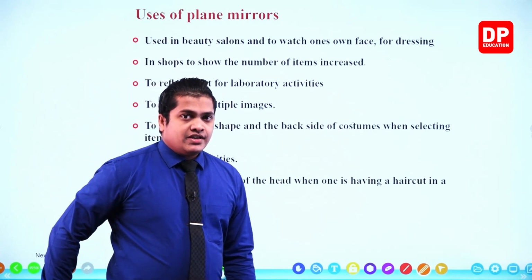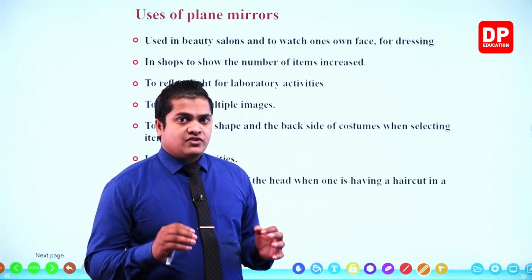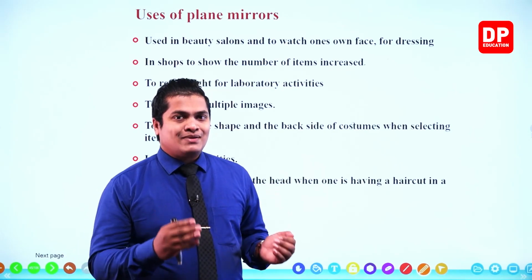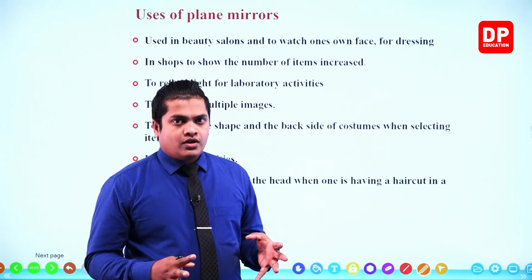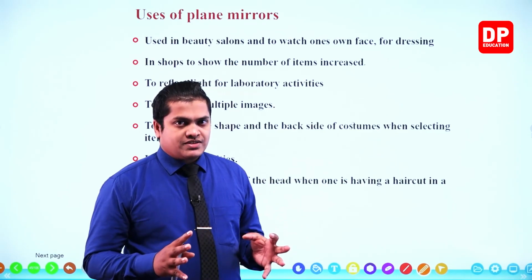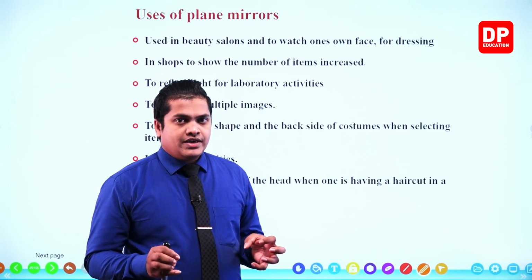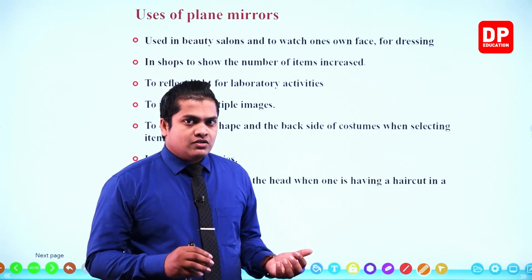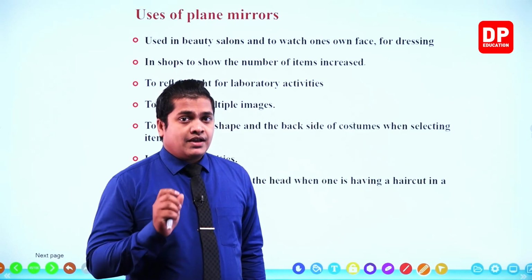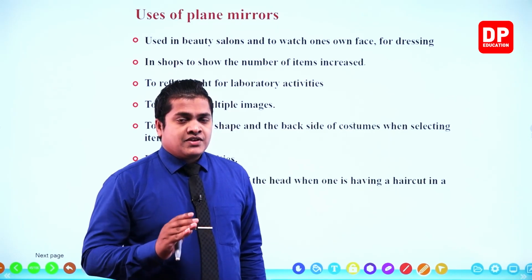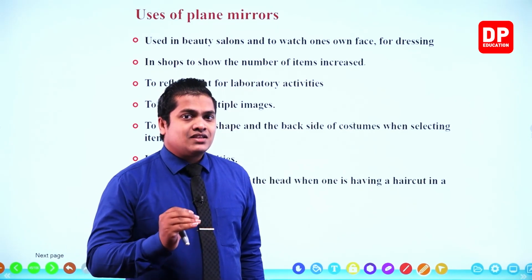In shops, my dear children, we use different kinds of plane mirrors in order to get multiple images. Multiple images will enhance the look of certain shops and other stalls, especially fruit stalls, supermarkets, and jewelry shops. So these plane mirrors will enhance the look.